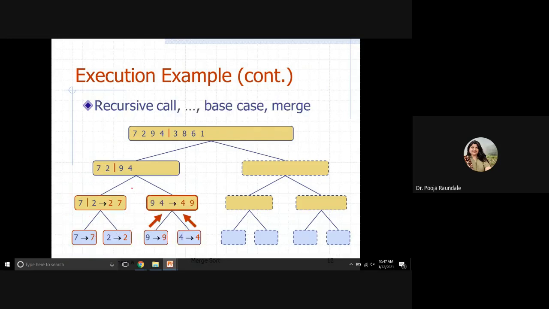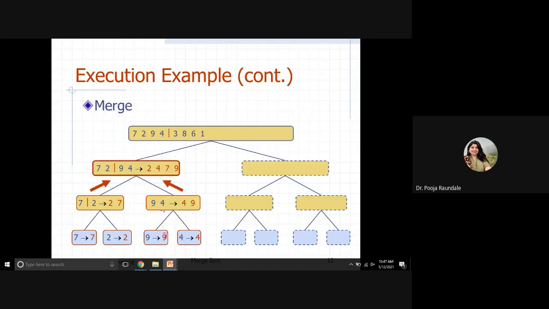So merging happened over here, and now this was the next call. So this 9 and 4, which was S1 and S2, which came over here. Again partition, then granular level, then it sorts, goes back. So here it is sorted, 4 and 9 in the proper order. Now it goes back. So here you have 2, 7 and you have 4, 9, right?